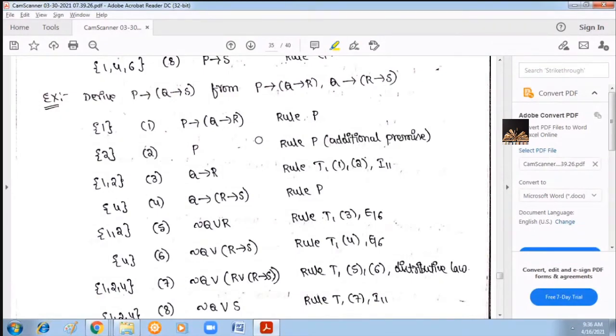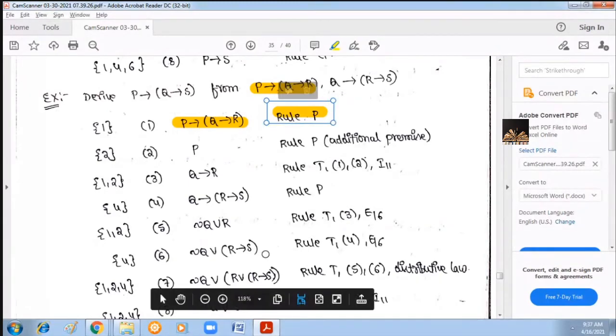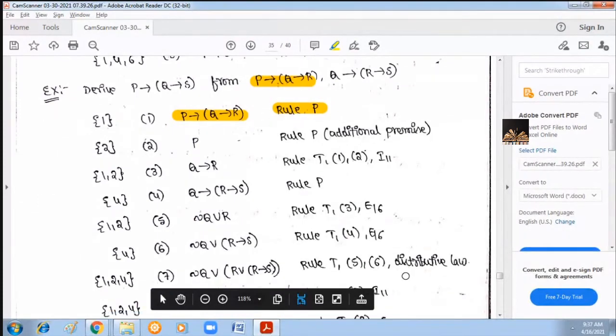Right? Now let us try to derive Q tends to S. So take one premise, and you have to derive Q tends to S. That means you need to eliminate P and R. P and R to be eliminated. Right?